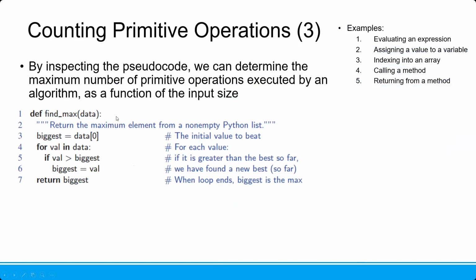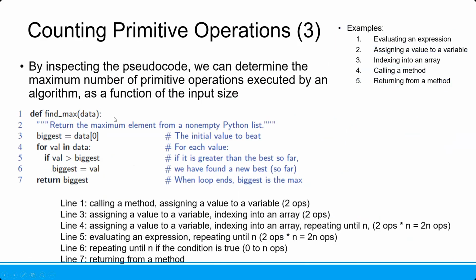So if we look at this now, we can see line 1. In line 1, we call a method. Okay, so we have the method name. So calling a method is 1. And then we have the assignment of value to a variable. So we put this data into this method.